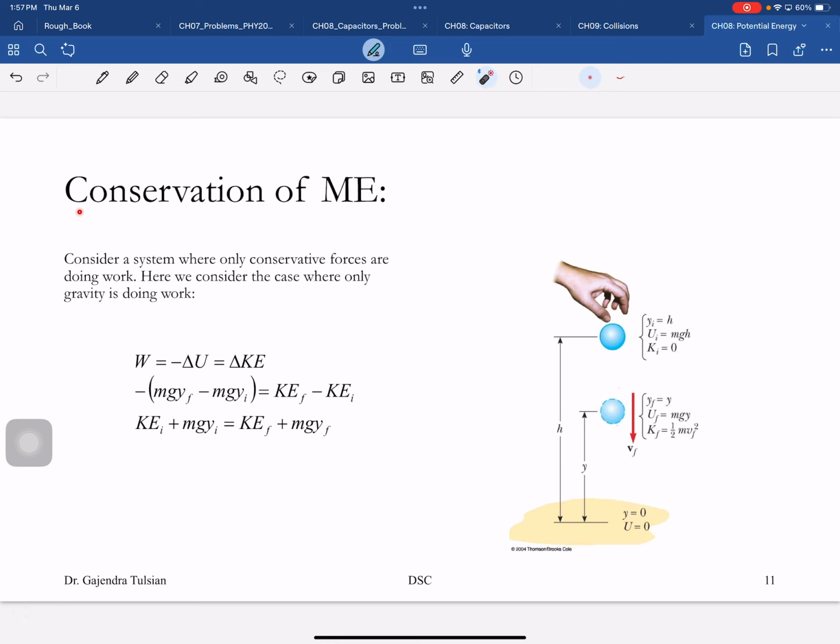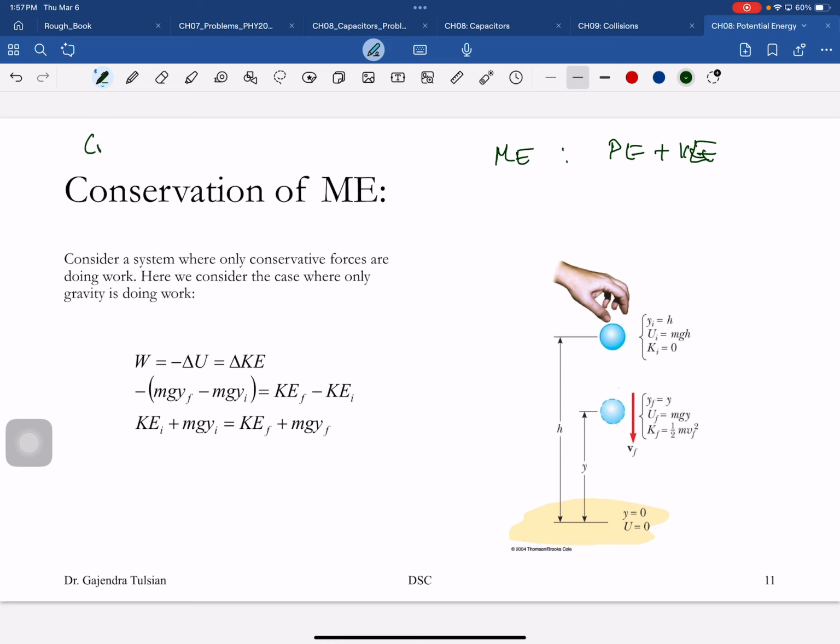So conservation of mechanical energy. Mechanical energy is potential energy plus kinetic energy. So here's the statement.